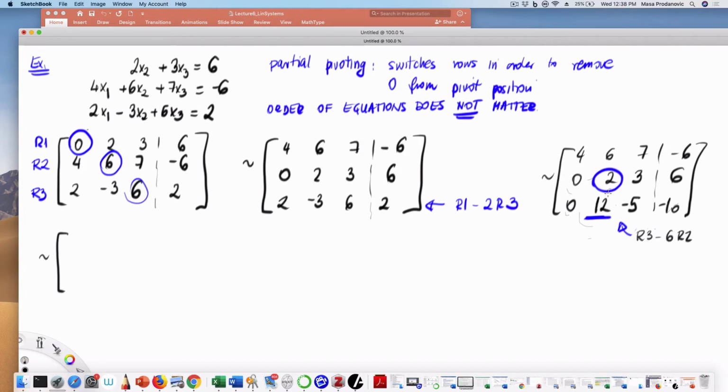Always the one below, negative, divided by the pivot position. Yes? Right. So this is now a 0, or it better be. Minus 5 minus 6 times 3 is minus 23. And then minus 10 minus 36 is minus 46.